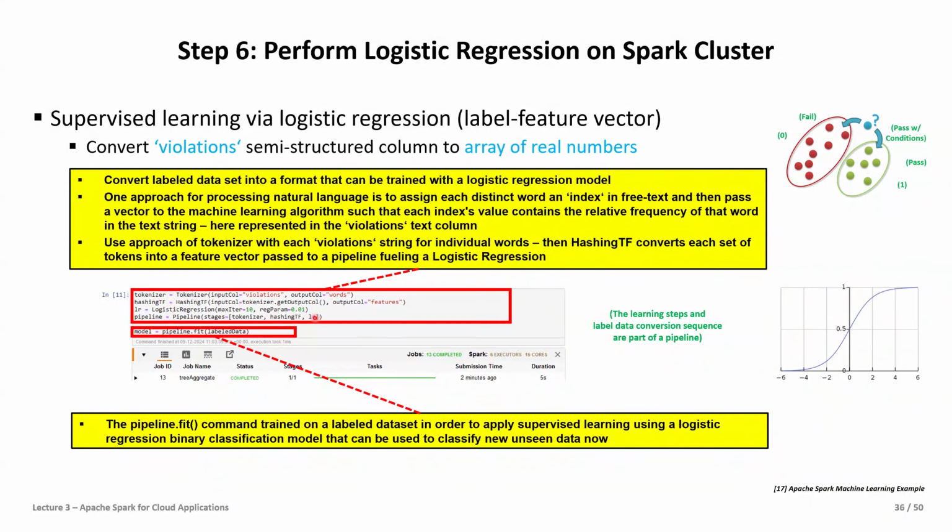And you put this all in this pipeline that we now can execute with pipeline fit on the labeled data that we created before, basically getting the data together with fail and pass with conditions. So these violations are now really a condensed feature. And what we steer here a little bit is the iterations of the logistic regression, so how often I go through it, and regularization parameters, so it's basically the margin of error you allow, not learn by heart.